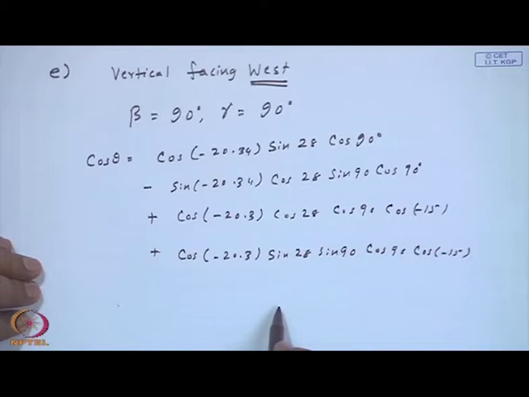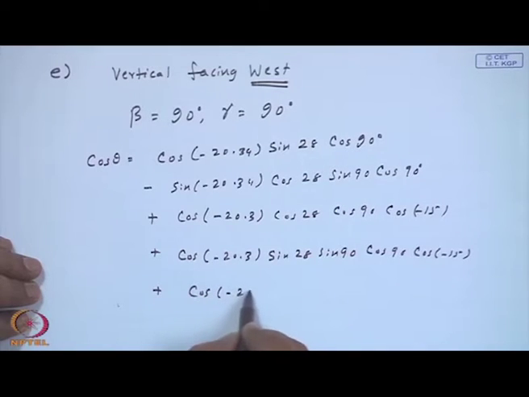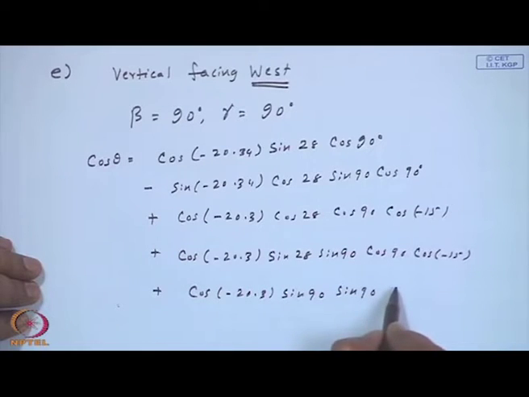Oh, seems I have written 2 times 1, 2, 3, 5. Okay, doesn't matter. You can just check up. Cos minus 20.3 sin 90, again sin 90 times sin omega.